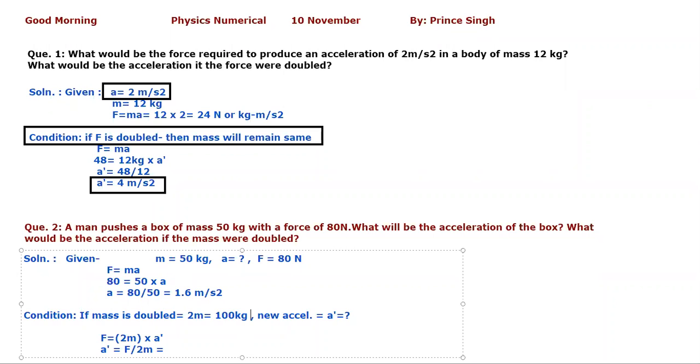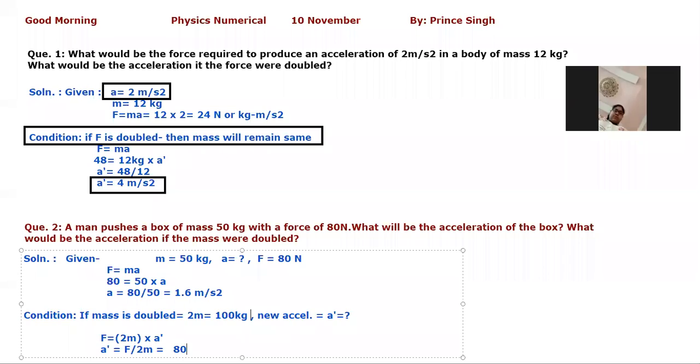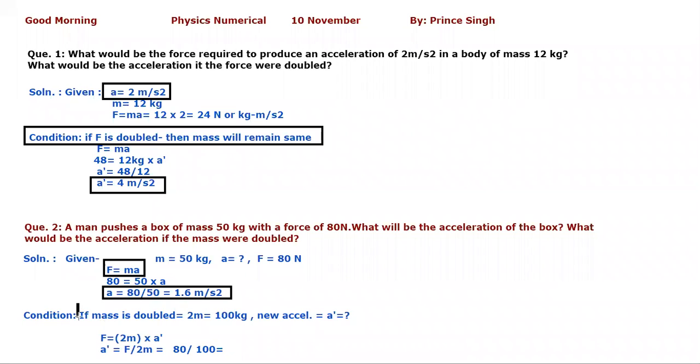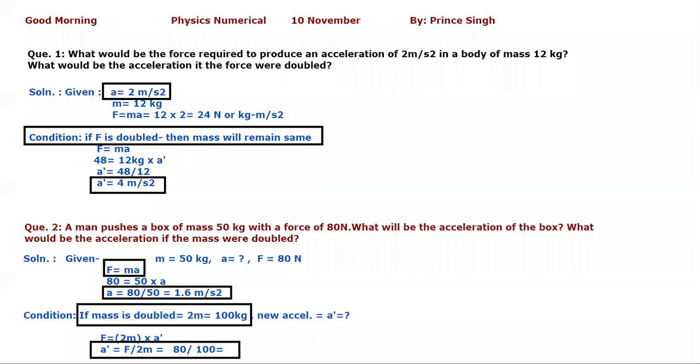So what was our force? 80 divided by 100 equals, so if mass is doubled, we get the mass as 100 kg, and by that we get the new acceleration. So what is the new acceleration? Calculate, everyone.